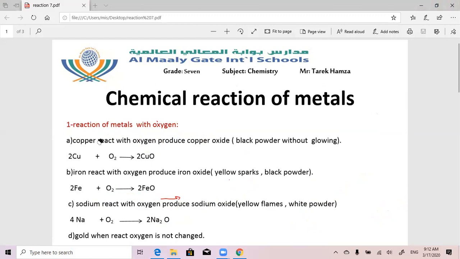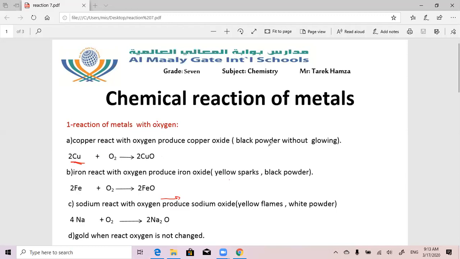Number one, copper reacts with oxygen to produce copper oxide. The result is copper oxide, black powder, and there is no glowing when copper reacts with oxygen.